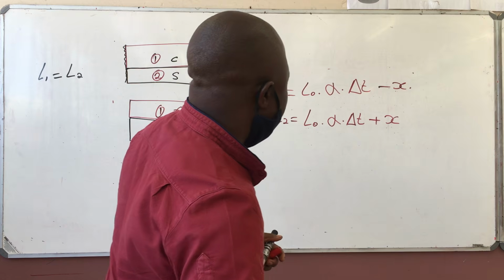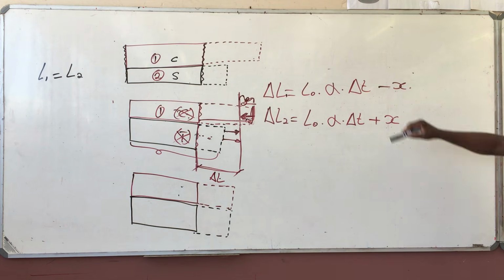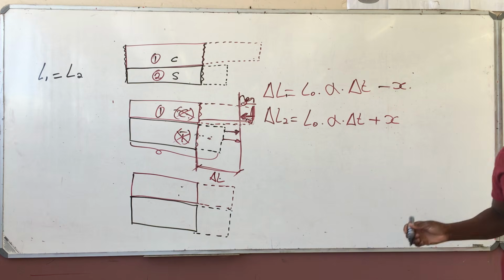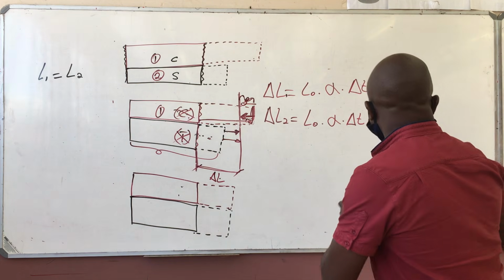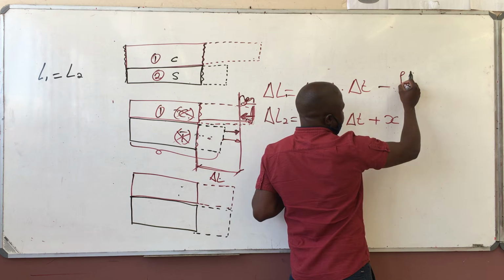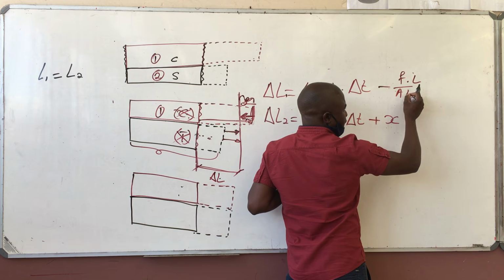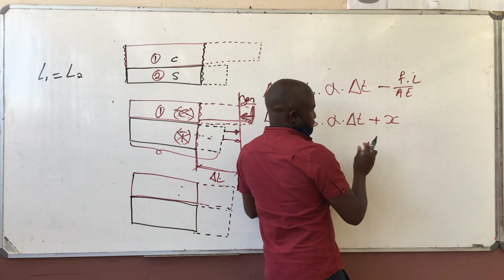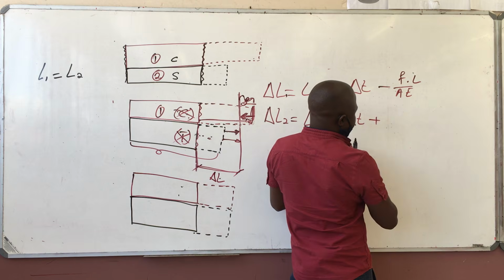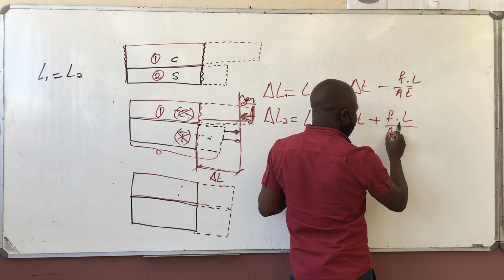So, okay, rewriting this one, x we said is force times L over AE, right? Even this here, we can say F times L over AE.